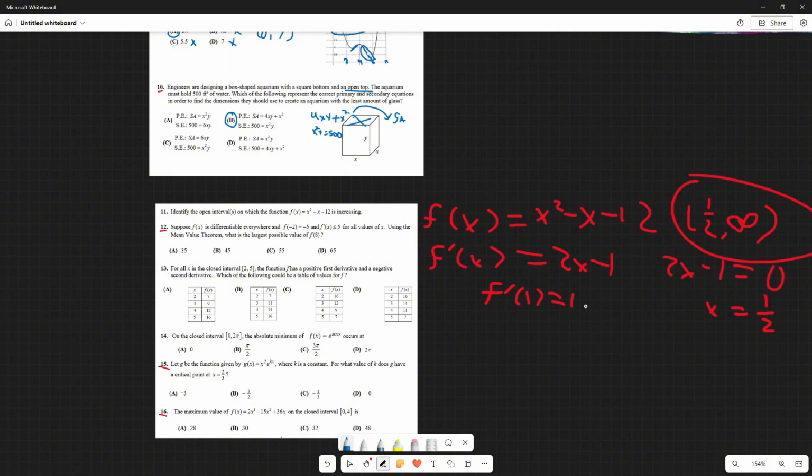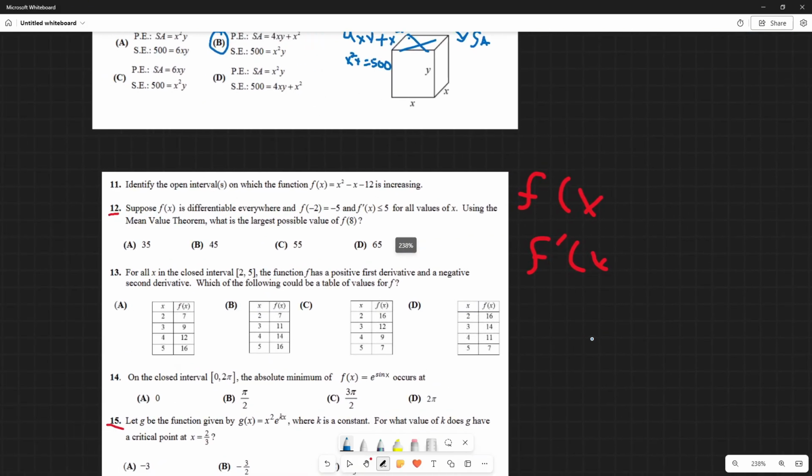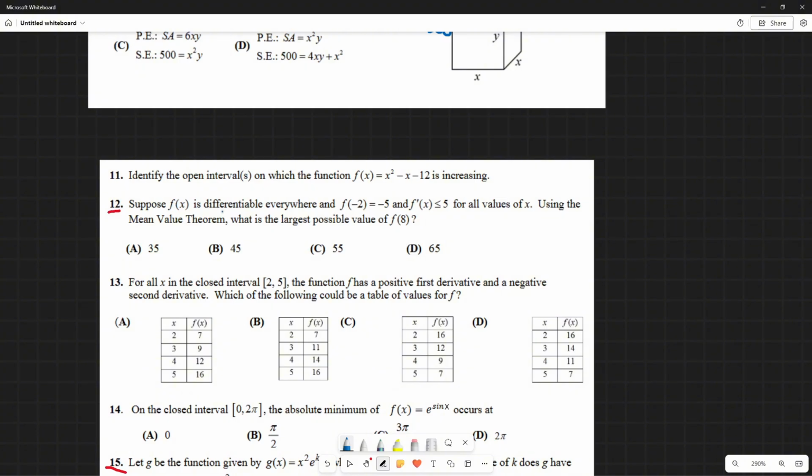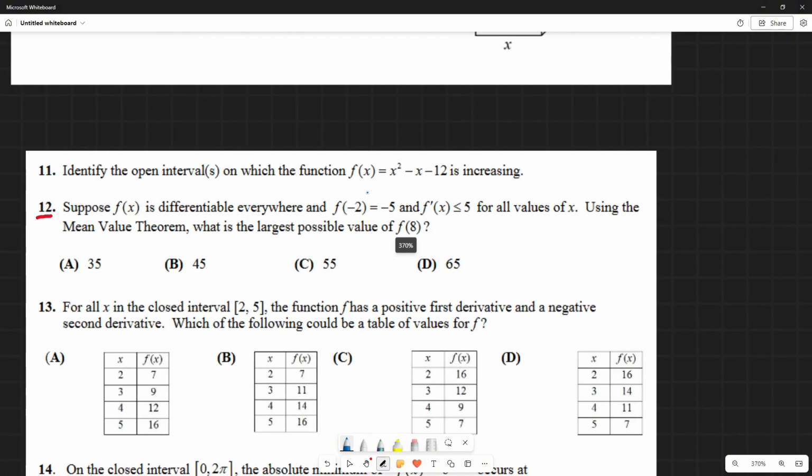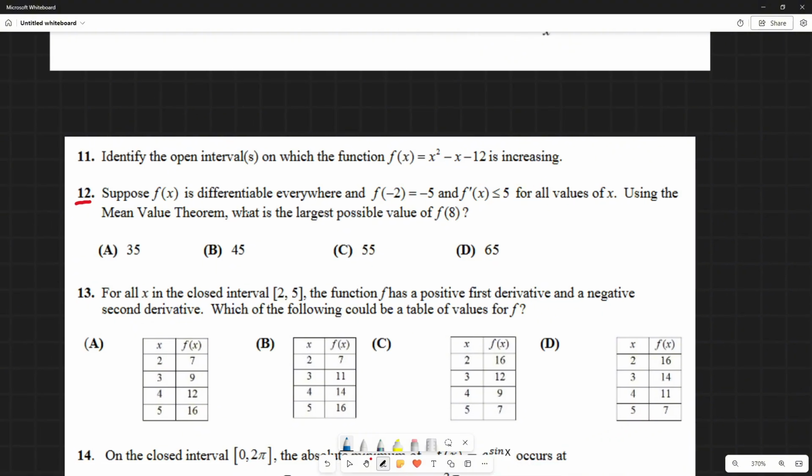Alright, we got number 12. This is going to have to do with the mean value theorem, okay? It says that f of x is differentiable everywhere, and that f of negative 2 equals negative 5, and that f prime of x is less than or equal to 5. And it says that using MVT, what is the largest possible value of f of 8?